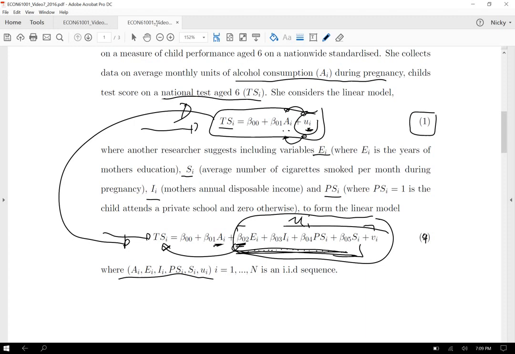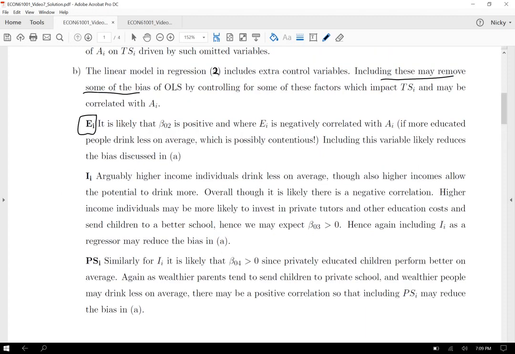So do we think that beta 02 is going to be positive or negative? Well, it's likely that beta 02 is positive, that education has a positive effect on test scores. And you could argue that A_i would be negatively correlated with how much somebody drank during pregnancy. You could say that more educated people would, on average, be slightly less likely to drink during pregnancy.